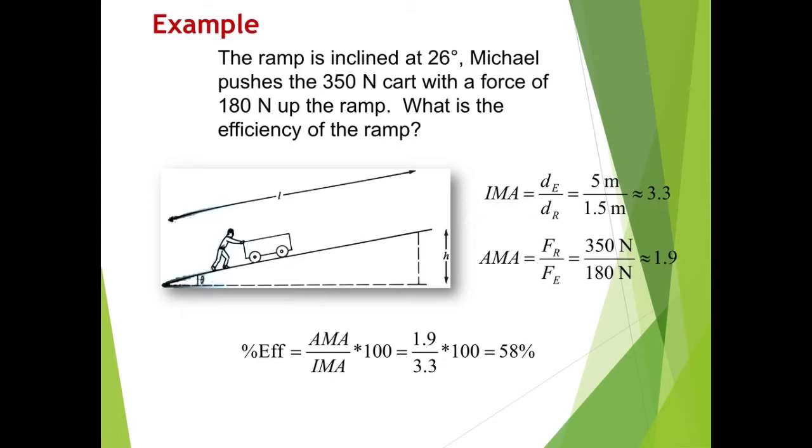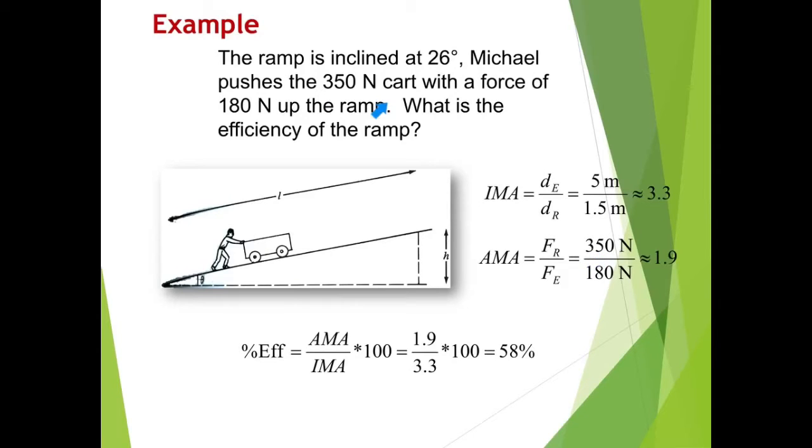I've already got IMA from the slide before, and I found it was approximately 3.3. Now to finish this equation, I also have to know AMA. So AMA is always force resistance over force effort. Up here in the example it says the cart is 350 newtons. So my force resistance is going to be 350 newtons.